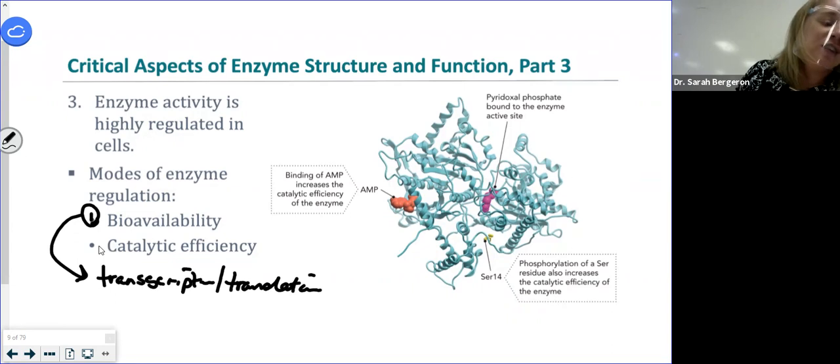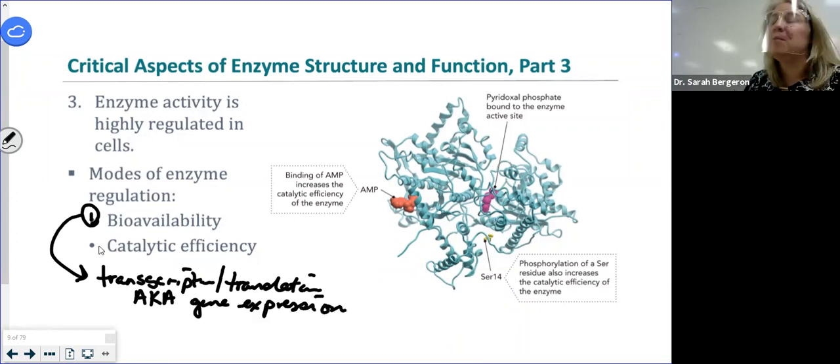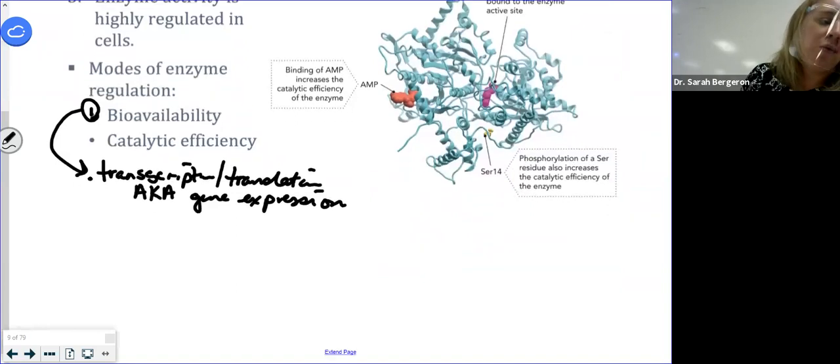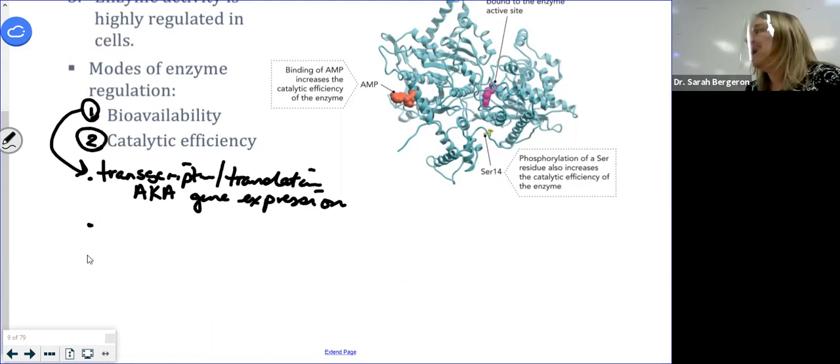Or you could say AKA gene expression. Those are the same two things. But it's how much protein are you going to make? So that's one thing that you can control. What's another way? Put it number 2 there. What's another way that we can control bioavailability?